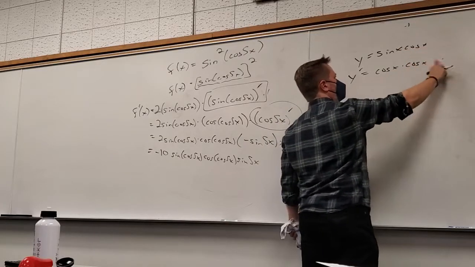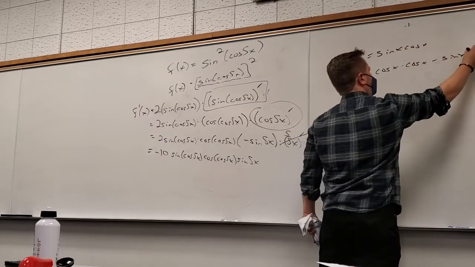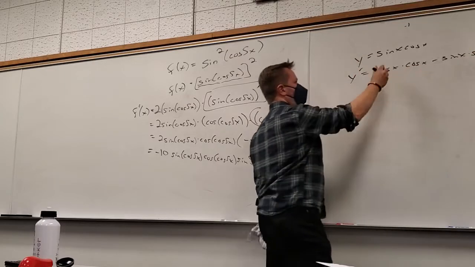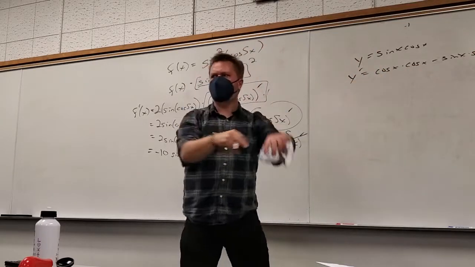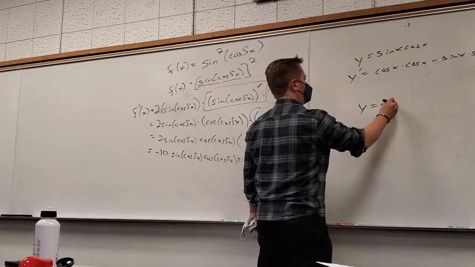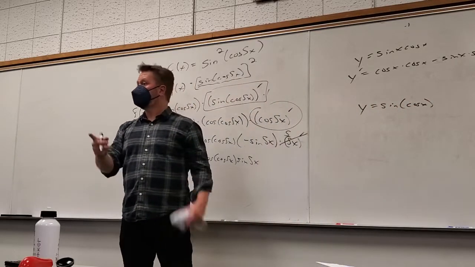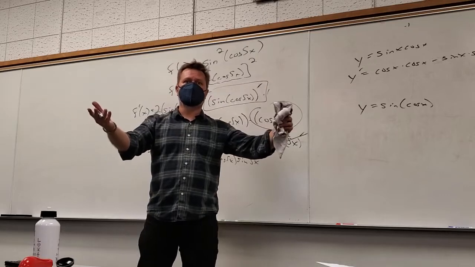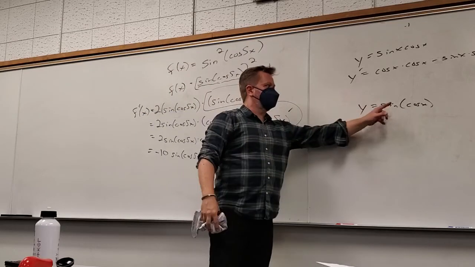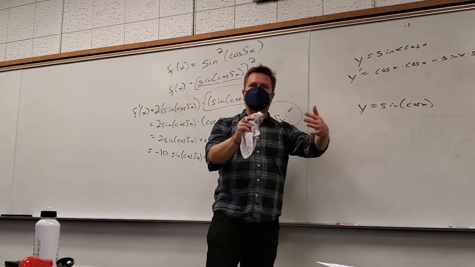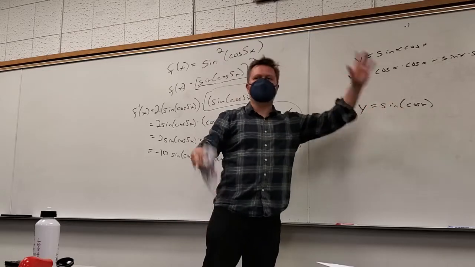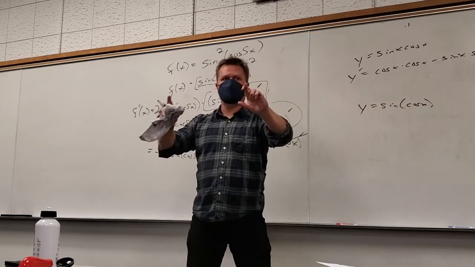Derivative of cosine is negative sine. And then that actually leads to an identity. I don't care at the moment. What about this? What's the rule here, of course? Chain rule. But I get way too many people that see this and treat this as if it's its own sine x. It's not. It's sine of cosine x. That's chain rule. Do you guys see that?